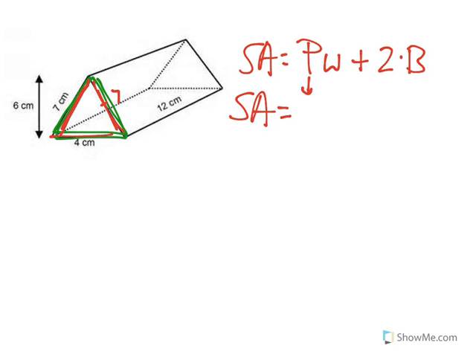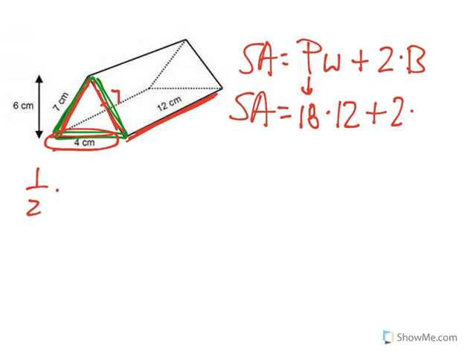So 7 plus 7 plus 4 is 18, times the width. What is the depth or width of this? 12. Plus 2 times area of the base. Area of the base is 1/2 times base times height. What's the base of my triangle? 4. What is the height of my triangle? 6. 1/2 times 4 times 6 is 12.